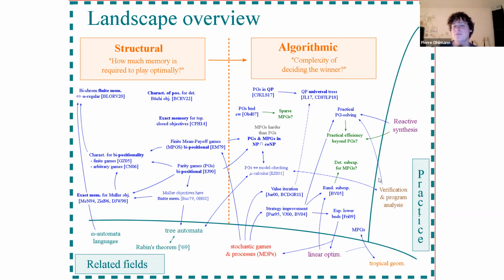But mu calculus is important from the point of view of verification. It's a very rich language. It's more general than LTL and CTL star, and it's very expressive. I don't really know either.